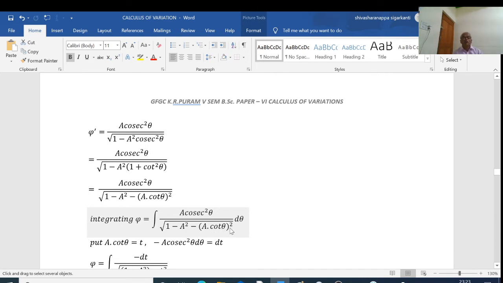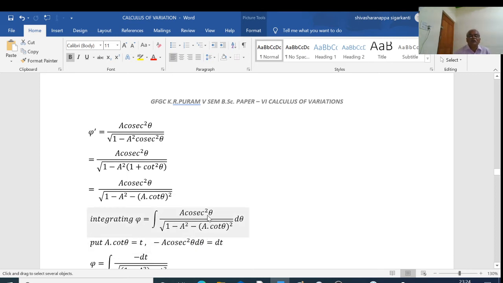To integrate this one, what I do here is I will put this a cot theta is equal to say t. Okay, a cot theta equal to t. And differentiating this with respect to theta, I am getting a into cot theta integration minus cosecant square theta into d theta is equal to dt.